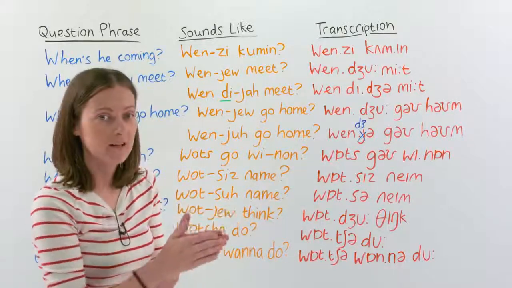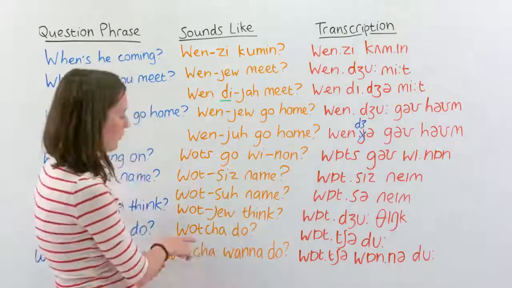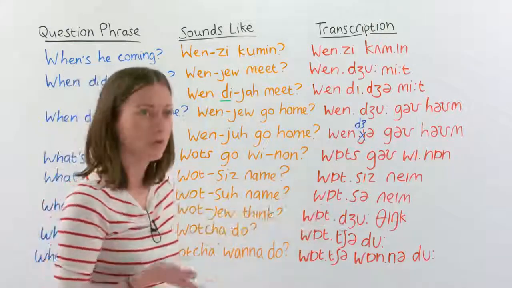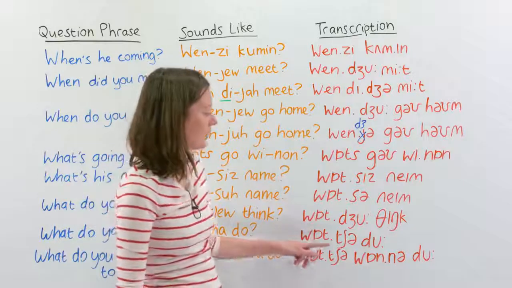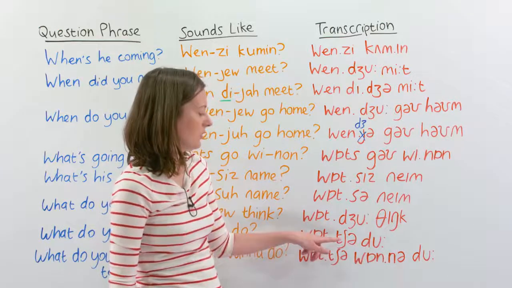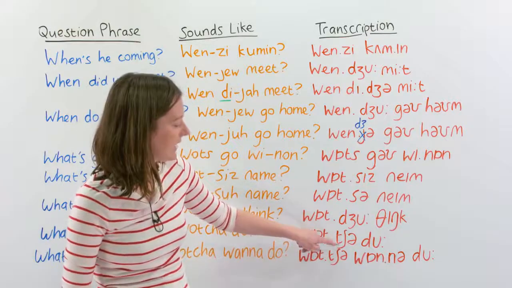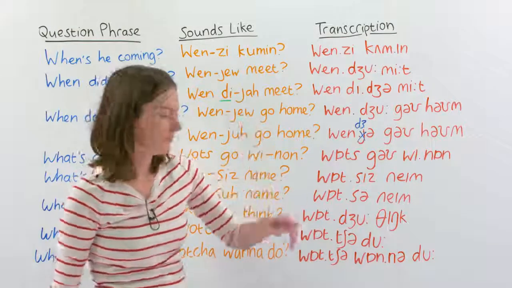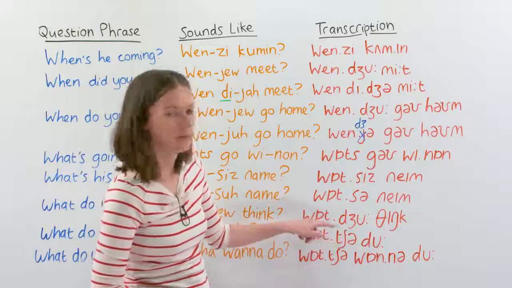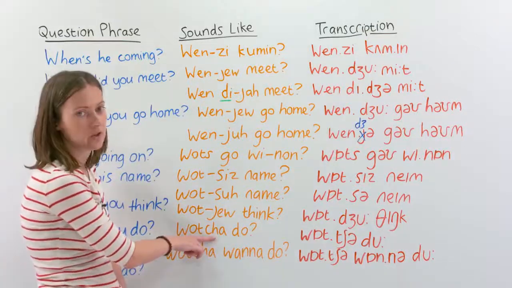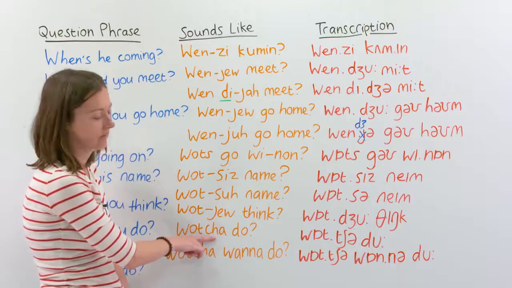We completely change the sound there. What you do? Well, that didn't sound right. What you do? Ch, ch. This T and that shape are together, and that's one phoneme, and that represents the ch sound.